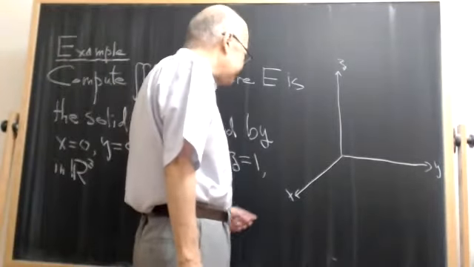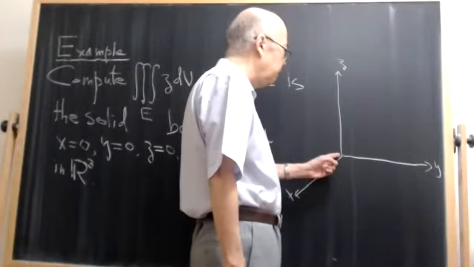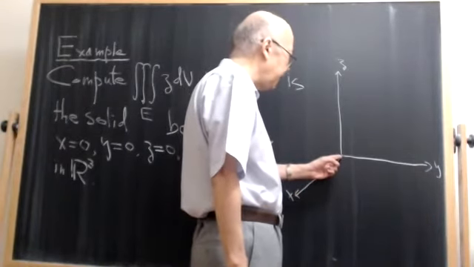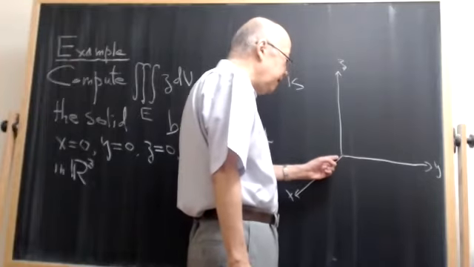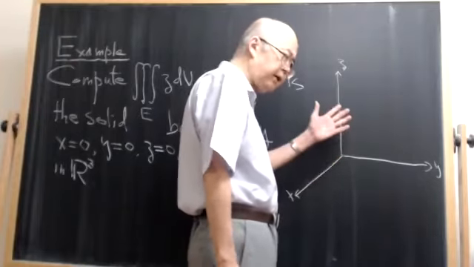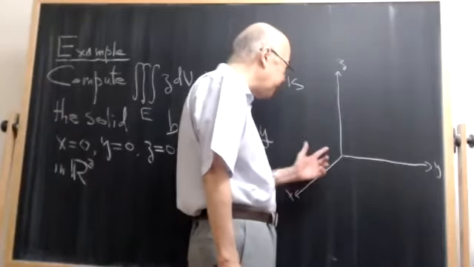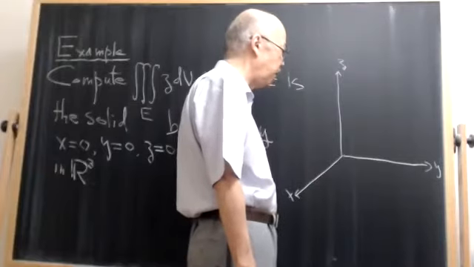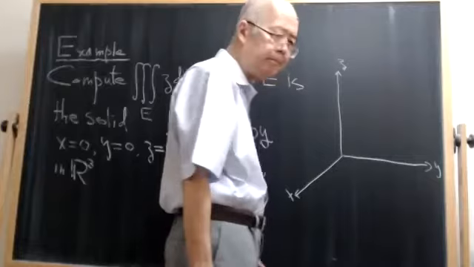Now when x is equal to 0, this means that any point in R3 has the x coordinate equal to 0. We get the y-z plane.